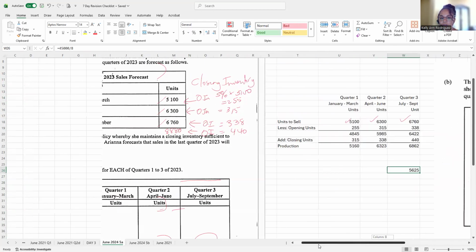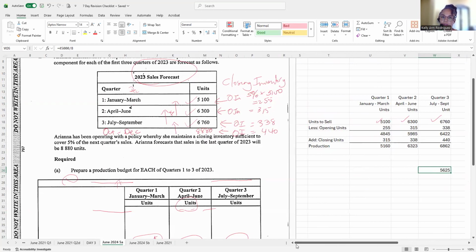Now, this is one part. Remember I told you all that they break down section 11 into payroll, production, and cash flow projection, right? So this was production units, estimate like a budget or whatnot, in June 2024, question 5A.